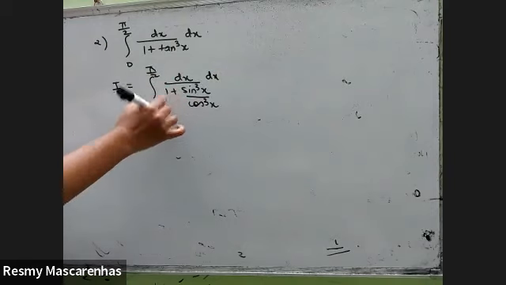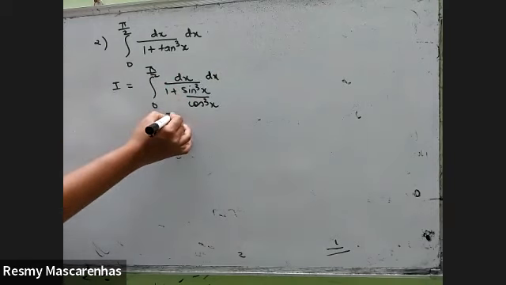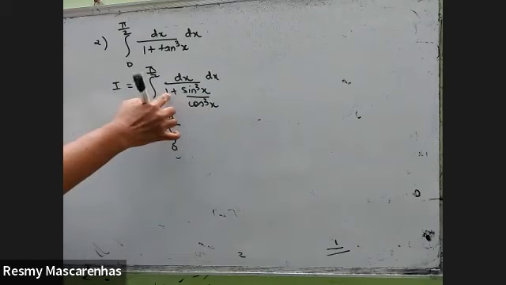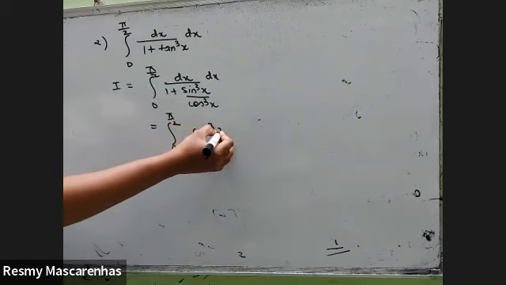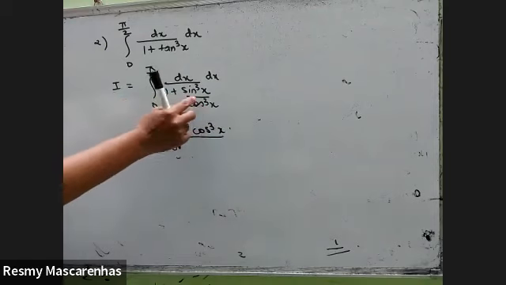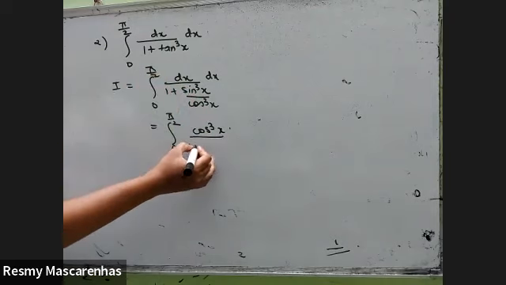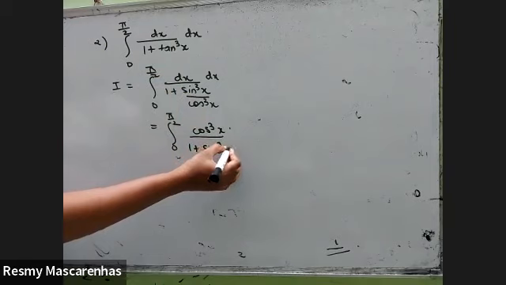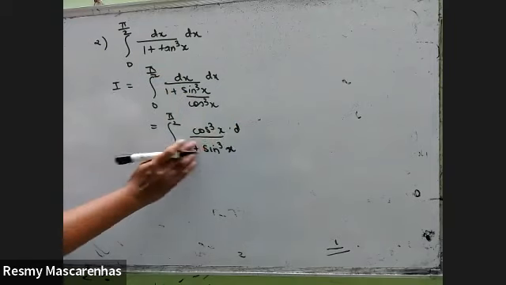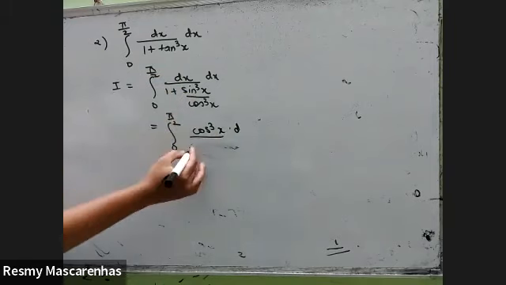Then you cross multiply. After cross multiplying, you'll get it like this: cos cube x plus sin cube x upon cos cube, and then cos cube will go up. After cross multiplying, you'll get it as cos cube.